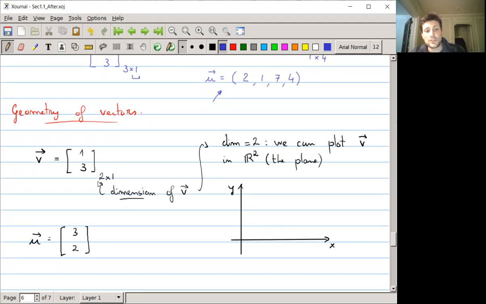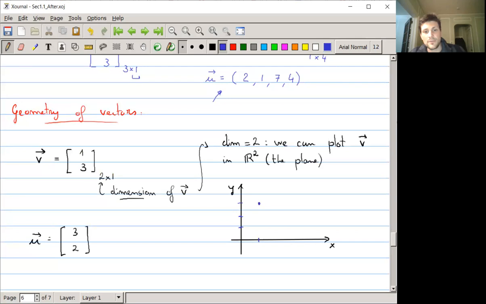Now, this is a two-dimensional vector, so we can definitely draw it in a two-dimensional plane, which is R2. And sometimes, well, you may have seen vectors drawn there, but written in the notation of the parentheses. So if I were to draw that v, it will have a 1 in the x coordinate, and then a 3 in the y coordinate.